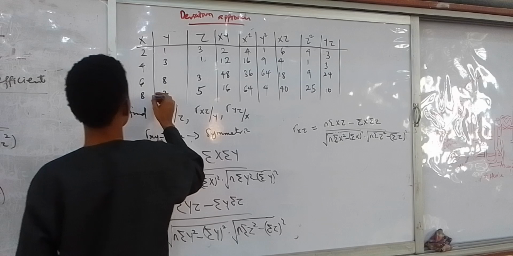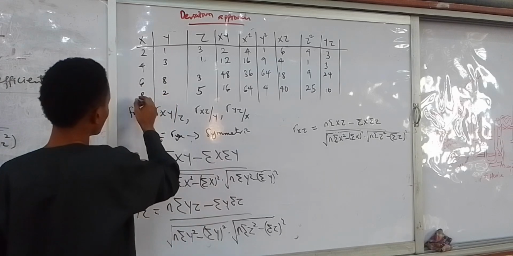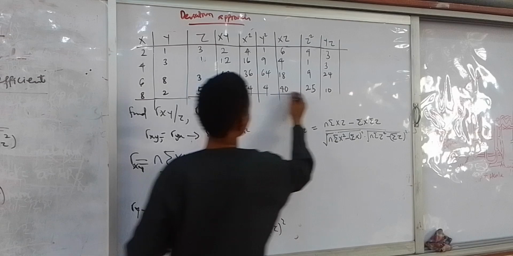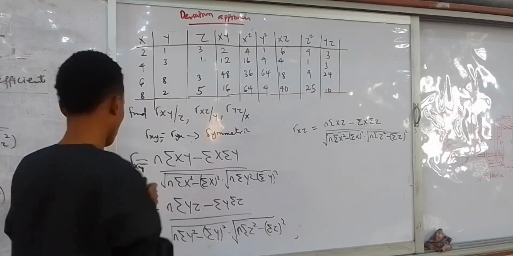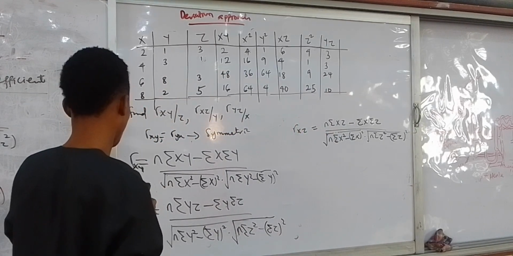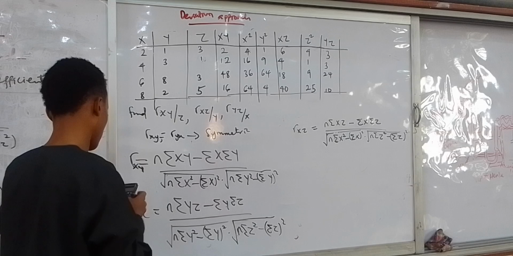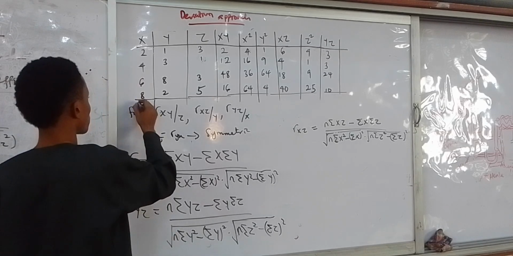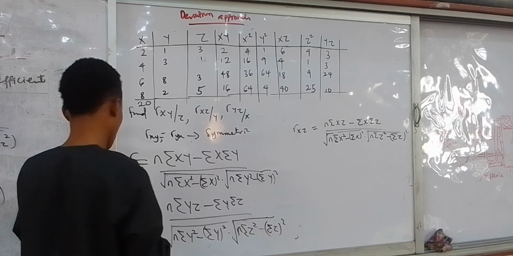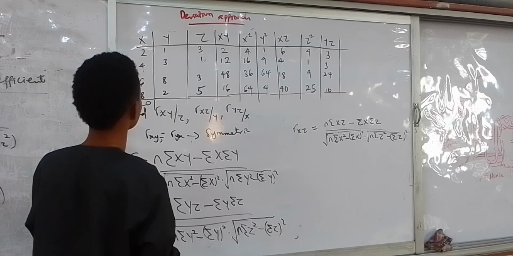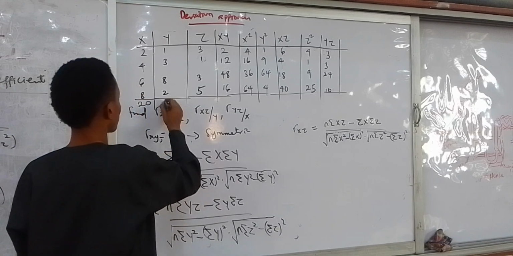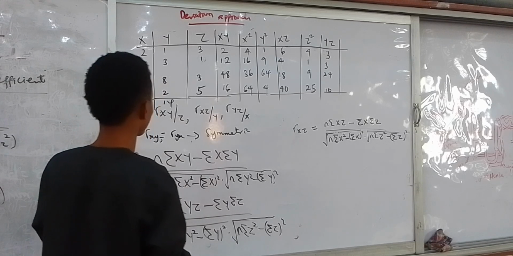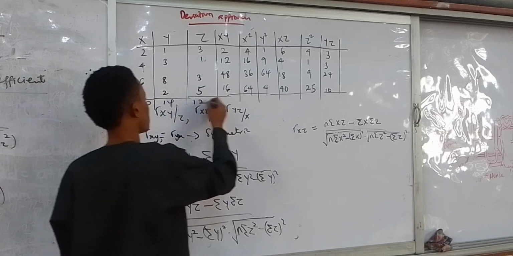Let's do the summation of everything. The summation of x: 2 plus 4 plus 6 plus 8, we have 20. For y: 1 plus 3 plus 8 plus 2, we have 14. For z: 3 plus 2 plus 1 plus 5, we have 12.